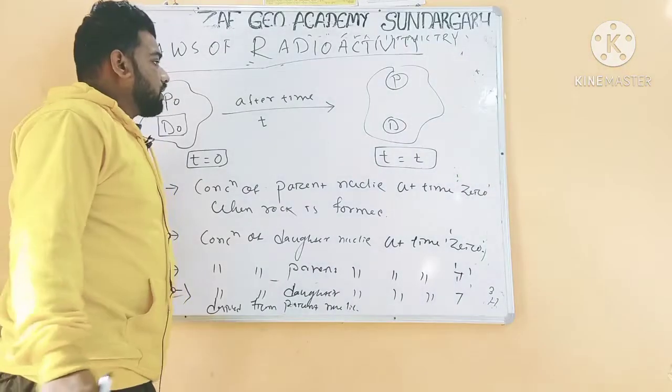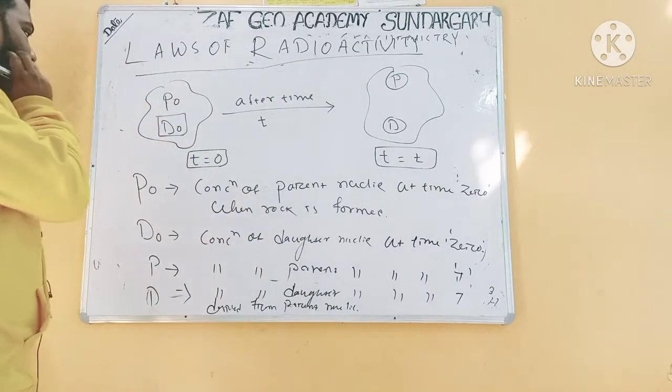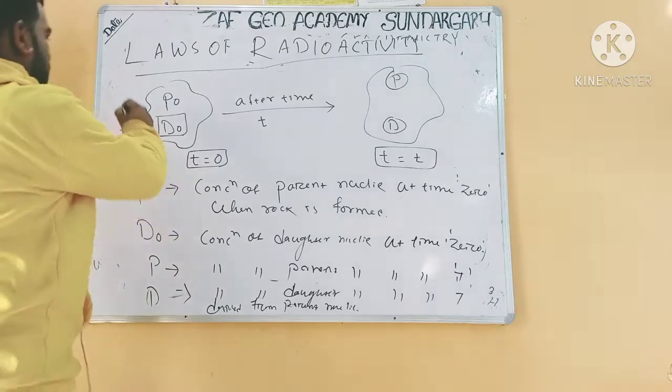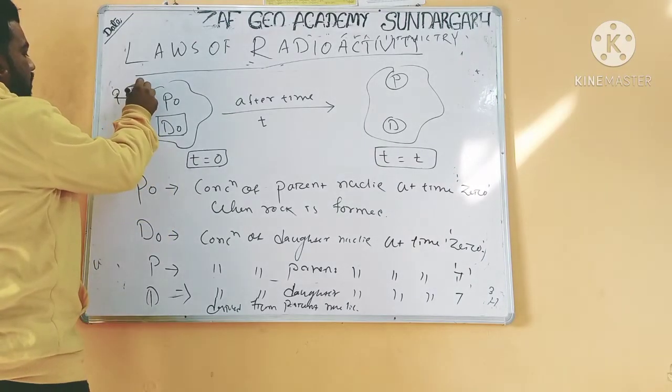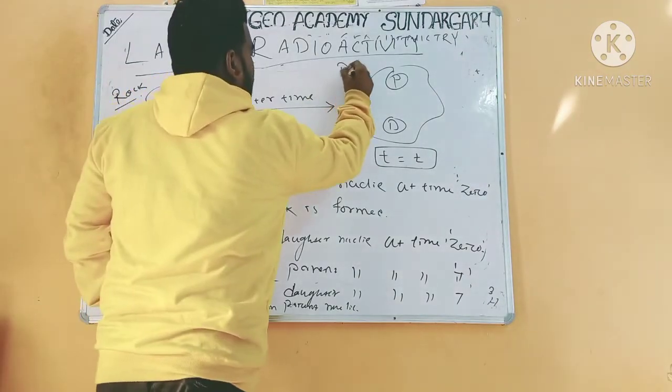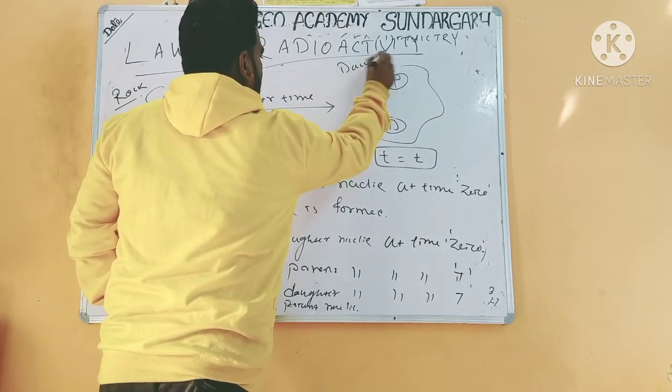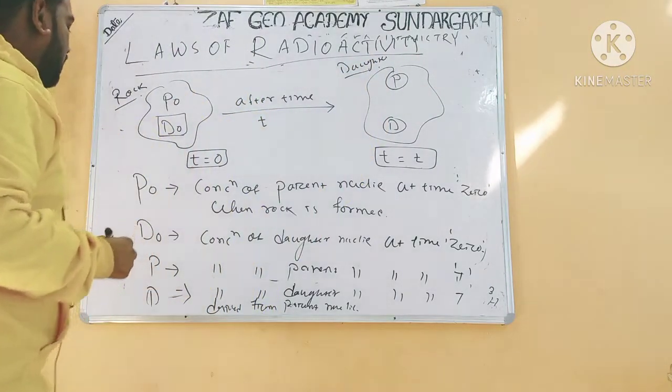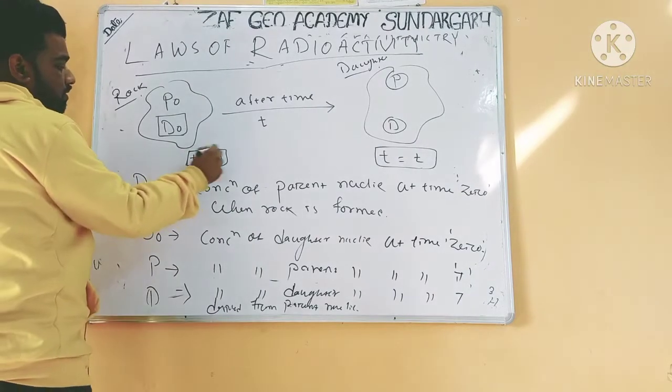Now, laws of radioactivity. Look at the illustration here. This is a rock, the parent rock, and this is the daughter rock. Here time t is equal to 0.